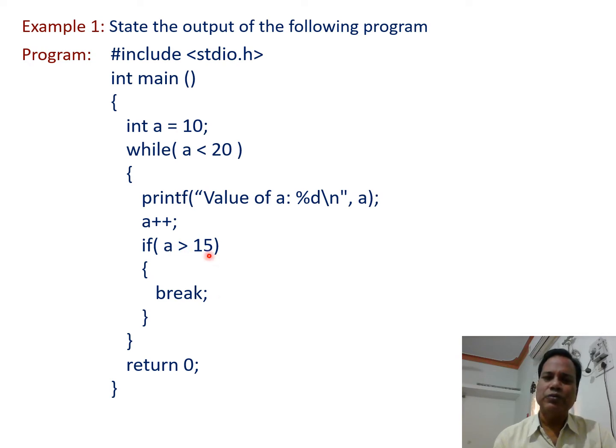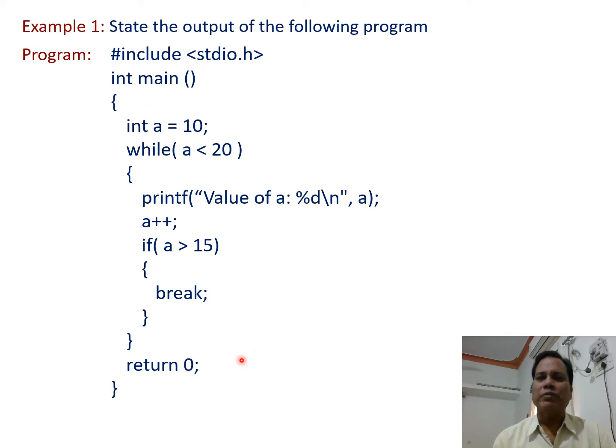This is the true condition, and when the condition is true, the break statement is executed and control comes out of the while loop. Out of the while loop, we see the return 0 statement that tells the operating system that the program is executed properly.